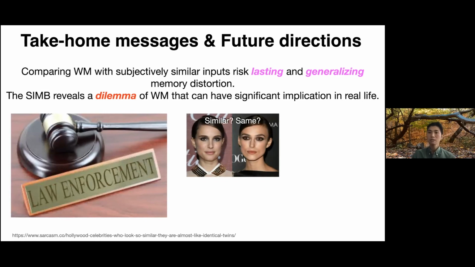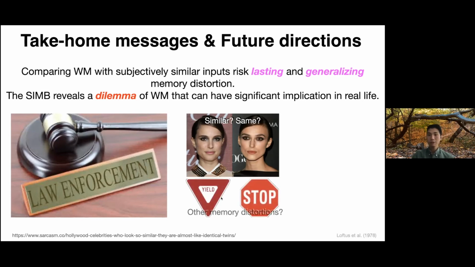Sometimes we think some faces are similar, but other times you may think that the face is the same face, even though it is different, right? Is there differential memory distortion underlying a similarity judgment and a sameness judgment? We are conducting a line of work examining this qualitative difference that follows similarity judgment and sameness judgment.